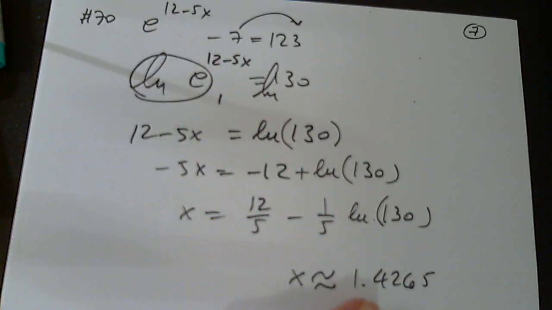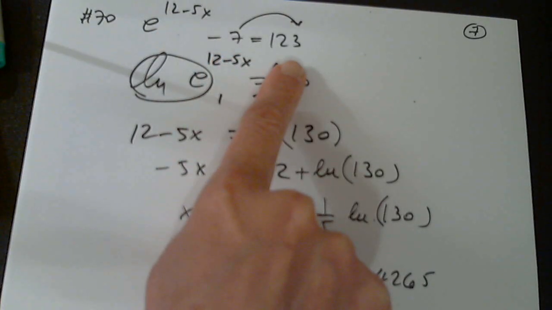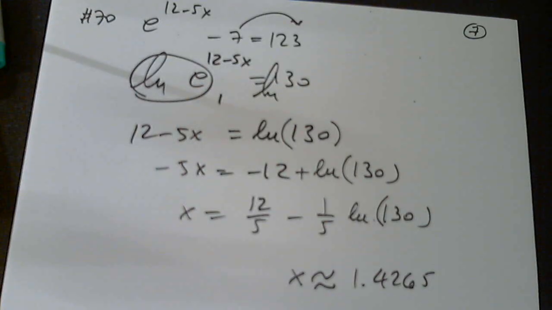12 minus 5 times the previous answer, minus 7, should give us 123 exactly. Let's check. If it doesn't, I'll say no way. This 1 point blah blah blah makes no sense. And here it is.